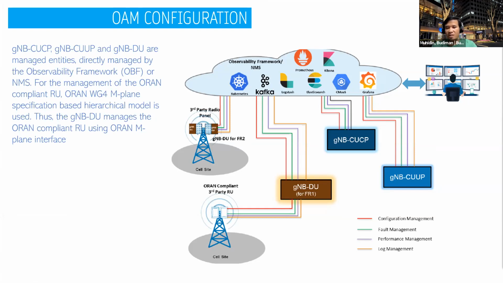It is already defined in the ORAN Working Group 4 M-plane specification. And also we have log management here, managed by OM configuration in Kubernetes. So everything is managed and virtualized here in the cloud network. We don't need hardware involved anymore.